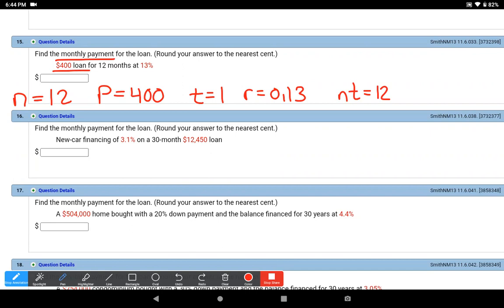So 1 minus 1 plus rate divided by 12 raised to the negative 12 divided by rate divided by 12. Oh, what the heck? What number is this? 15?